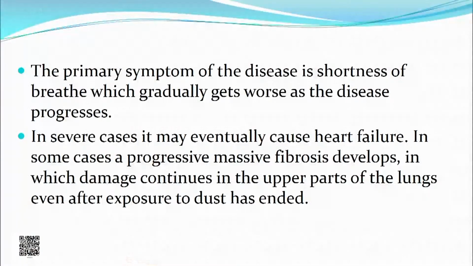The primary symptom of this disease is shortness of breath, which gradually gets worse as the disease progresses. In severe cases, it may eventually cause heart failure. In some cases, progressive massive fibrosis develops, in which damage continues in the upper part of the lung even after exposure to dust has ended.